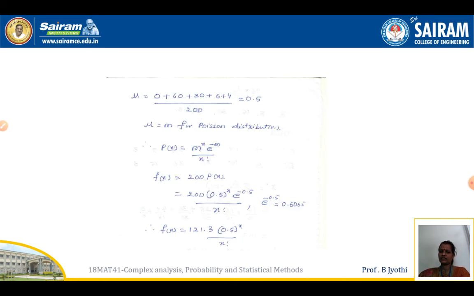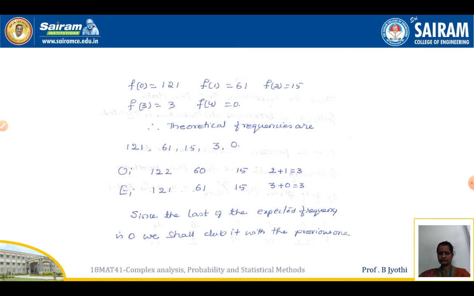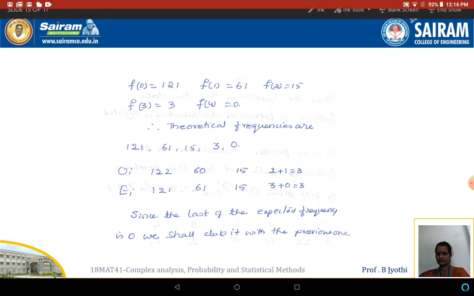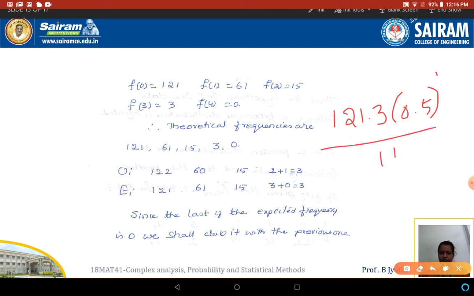If you want, one can be illustrated here. It is 121.3 into 0.5 power x. For 1, 121.3 into 0.5 to the power of 1 divided by 1 factorial, because x is 1 here.